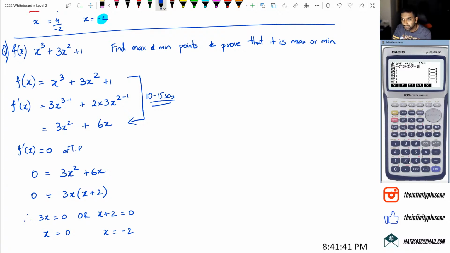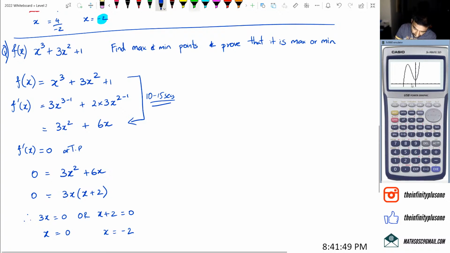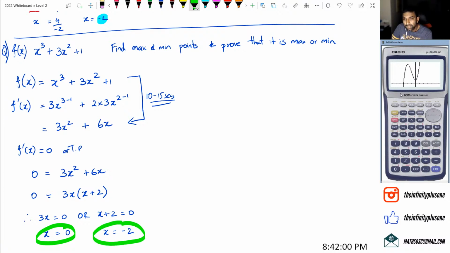That's all right, doesn't matter. And I'm going to draw this. So you can see right now how the turning point is at 0. Then we've got the turning point at minus 2. You can see that this point right here is minus 2. Those are my two turning points there.